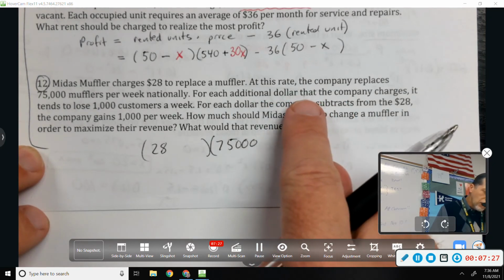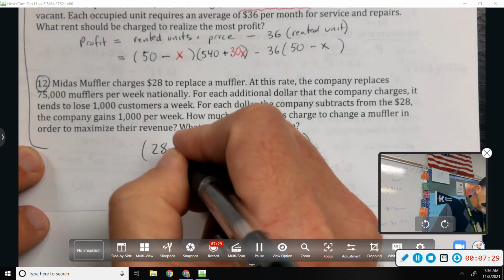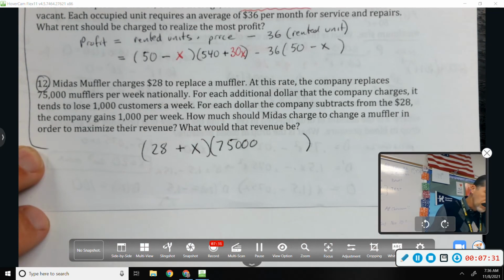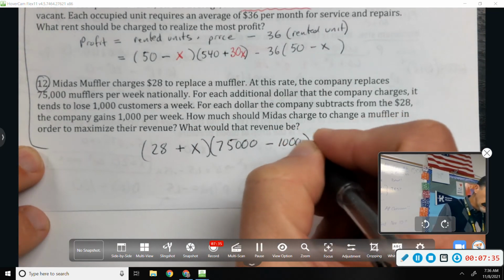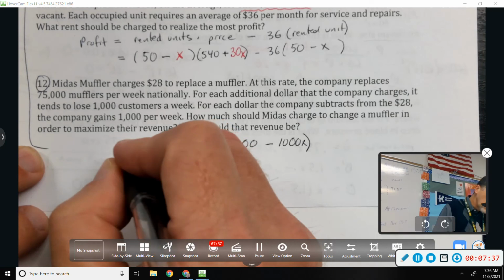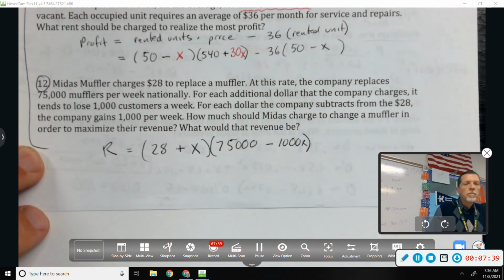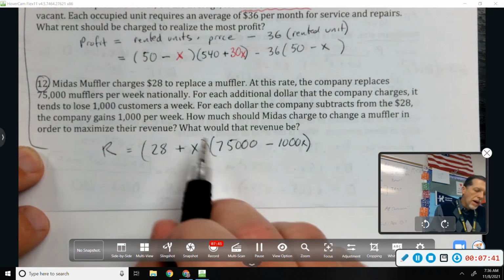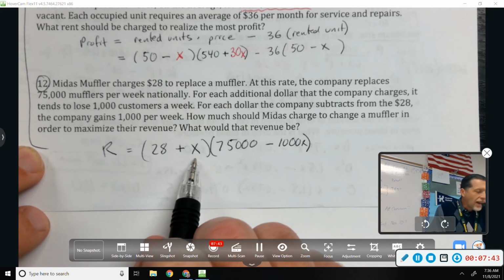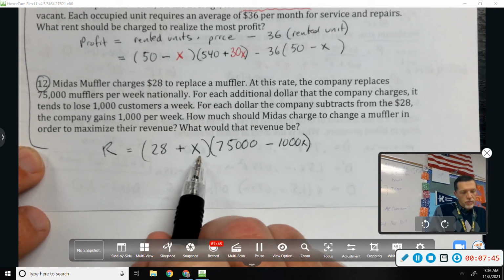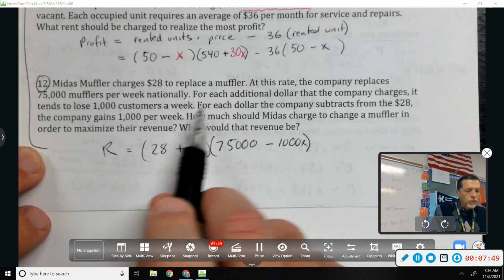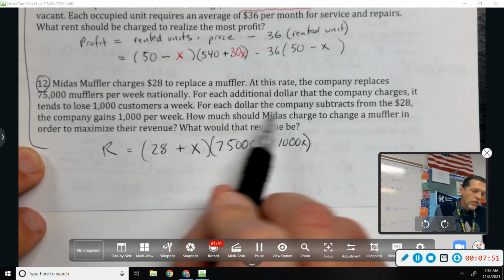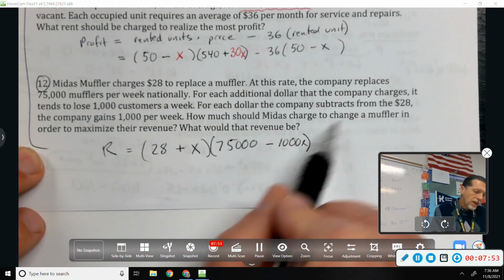Let's see. I'll write it the first way. For each additional dollar the company charges, it's 28 plus X, it tends to lose 1,000 customers per week. Now, it might work out that X is negative, and so instead of increasing the price, we'll actually decrease the price. That's what this whole second statement is: for each dollar the company subtracts from 28, it gains.